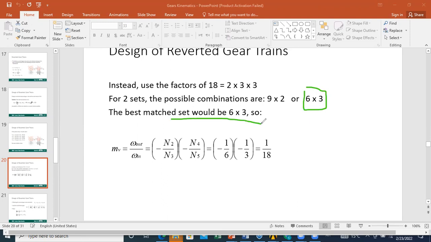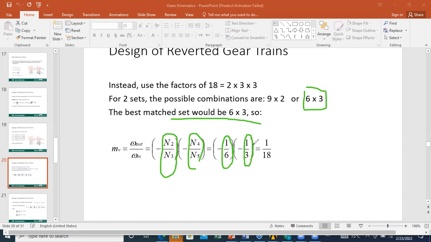So first, to design a system with a gear ratio of 18 or 1 over 18, which is equivalent as a final result, the only difference is who is the input and who is the output, I have to take the following 2 ratios. For my first set, N2 over N3 should be equal to 1 over 6, and for the ratio N4 over N5, it's 1 over 3.